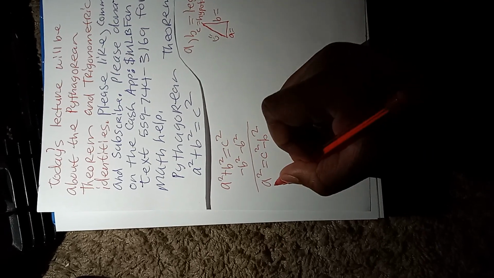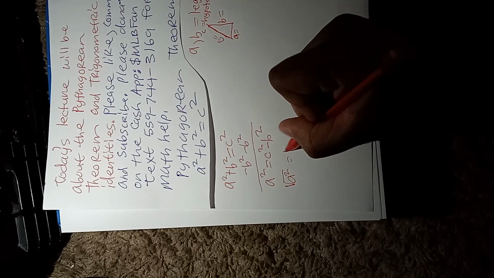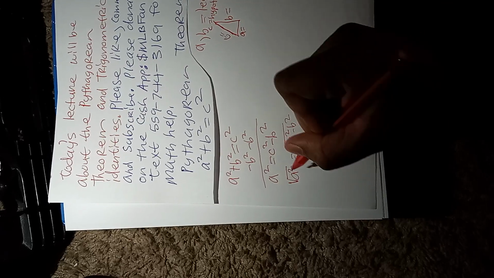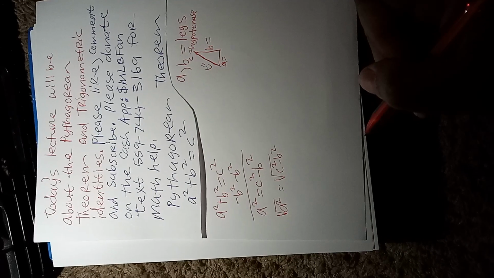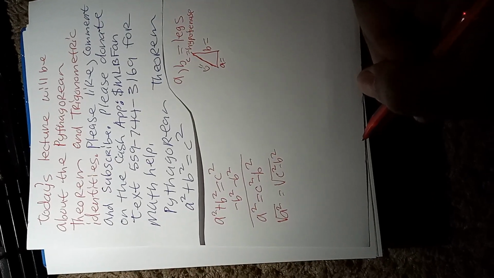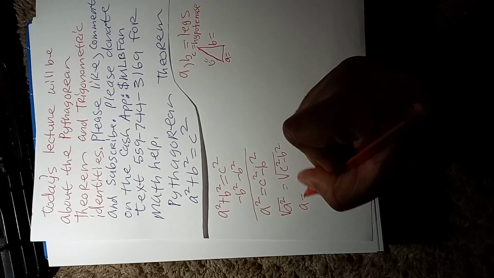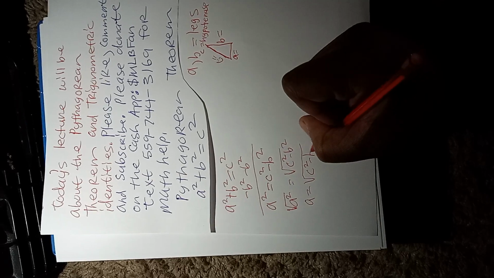So then we take the square root of both sides. So the square root of a squared is equal to the square root of c squared minus b squared, which breaks down to a is equal to the square root of c squared minus b squared.